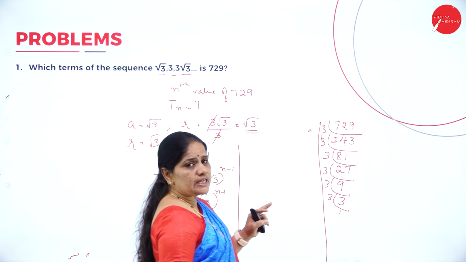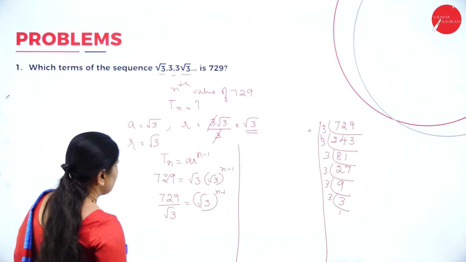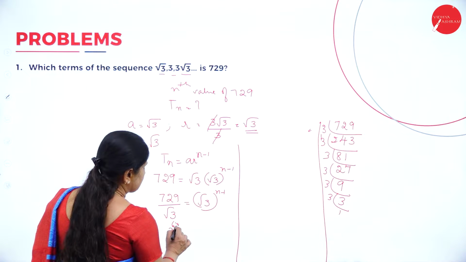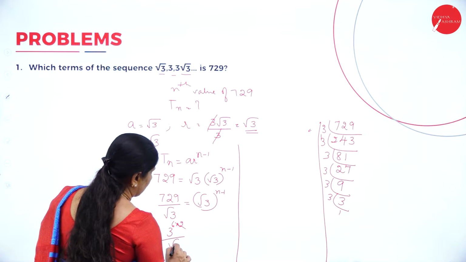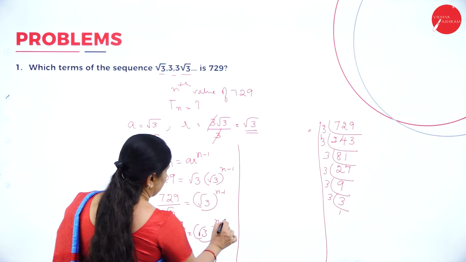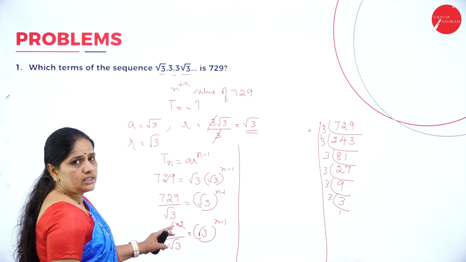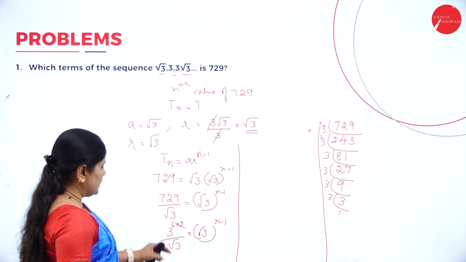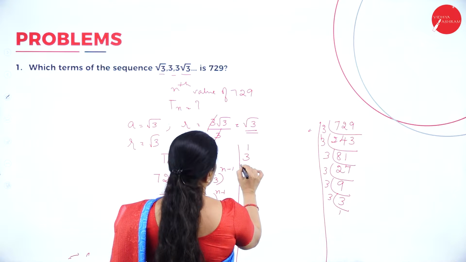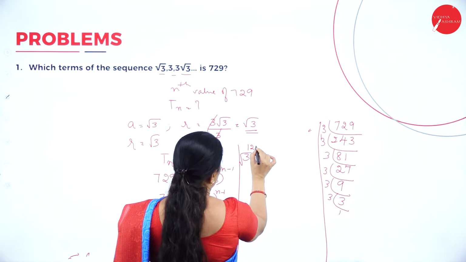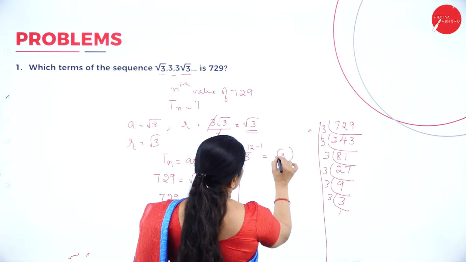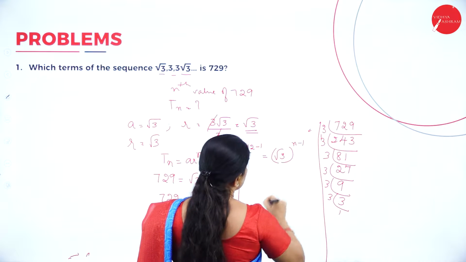Now, if I have to express it in terms of root 3, this will be equal to root 3 to the power of 6 into 2, divided by root 3, equals root 3 to the power of n minus 1. 3 to the power of 6 into 2 is root 3 to the power 12. So root 3 to the power of 12 minus 1 equals root 3 to the power of n minus 1.